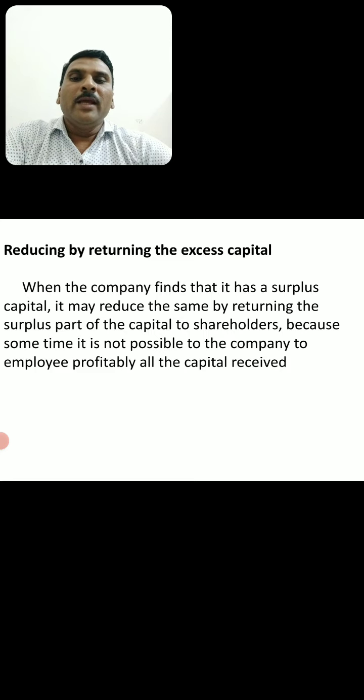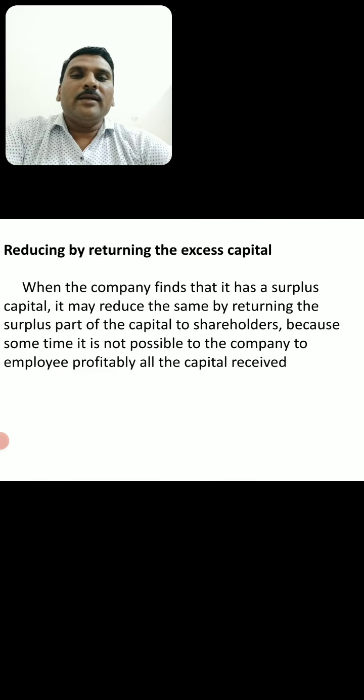So here, at the time of issue of shares, if the company received a surplus capital or received excess amount from the shareholders, such excess amount is to be repaid to the shareholders.